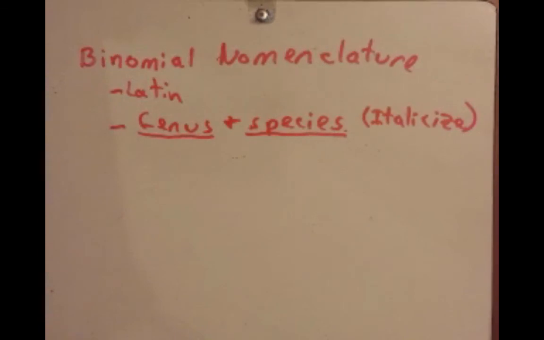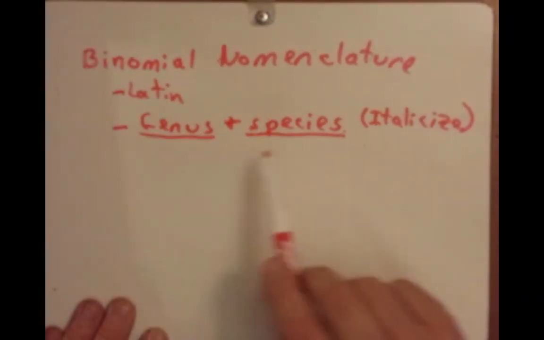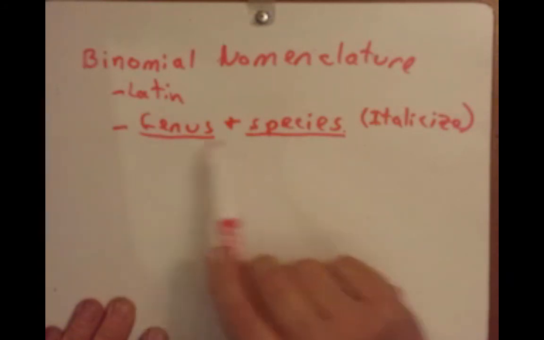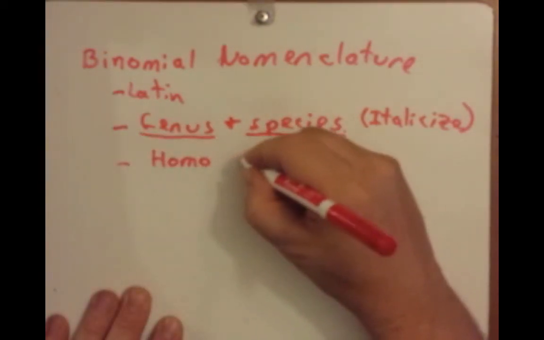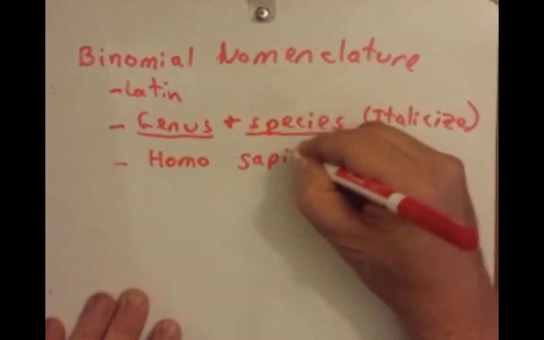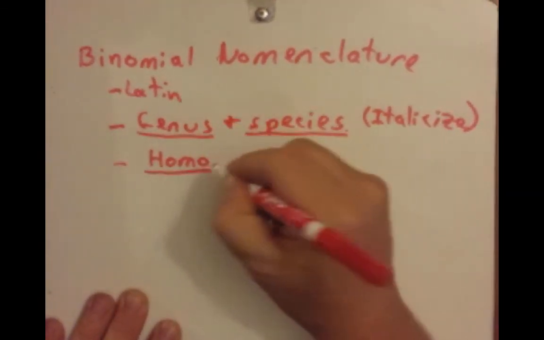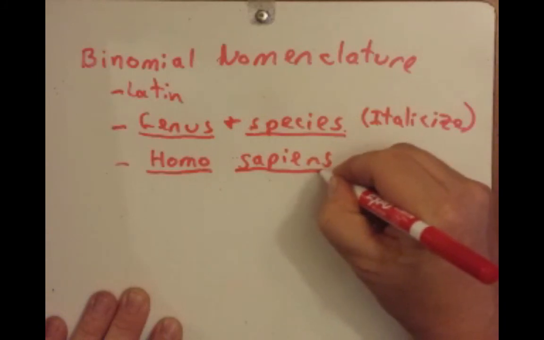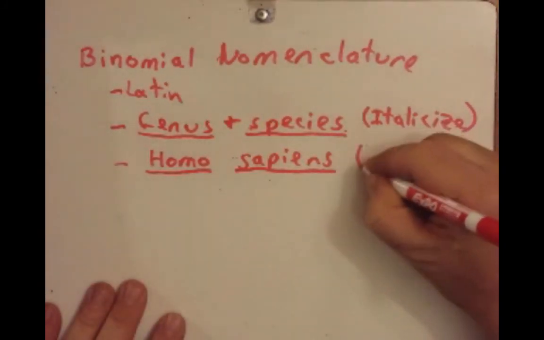It's really difficult to write in italics, so anytime we are handwriting genus and species, we underline them. So if on an exam you're asked to indicate the genus and species of humans, you would want to write Homo sapiens, for instance, where the first letter H of Homo is capitalized and the first letter of sapiens is lowercase. So of course this is humans.